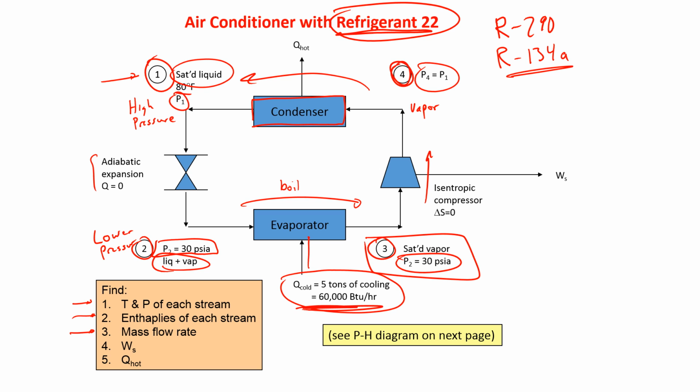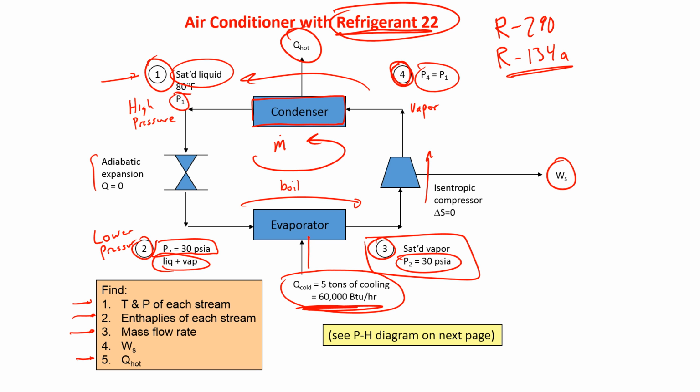And then we'll also get the mass flow rate of how much is cycling around. We'll also get the work that we have to put into the fluid in order to be able to compress it, and then also how much we need to remove here with the condenser.